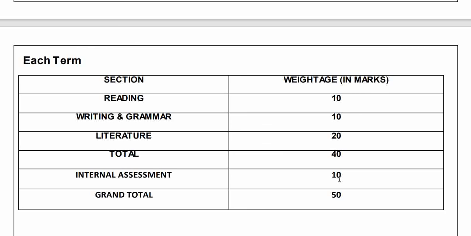Then you have your speaking and listening, your portfolio, that is your notebook. Again, the weightage will be taken and consolidated. It will be 10% of your total internal assessment per term. And for term 1, the weightage will be 50%, and for term 2, the weightage will be 50%.